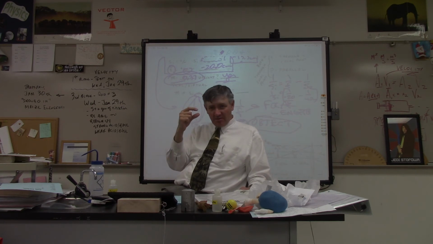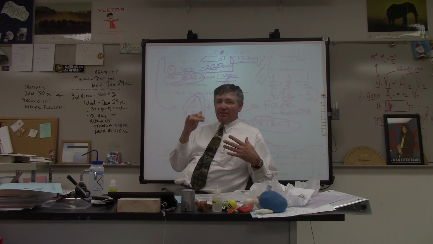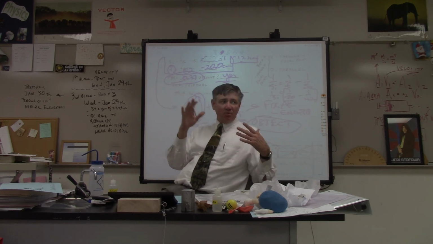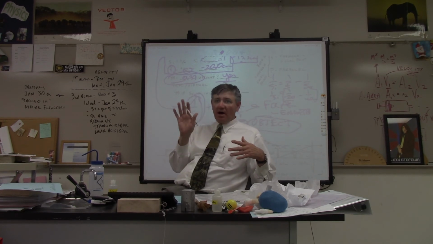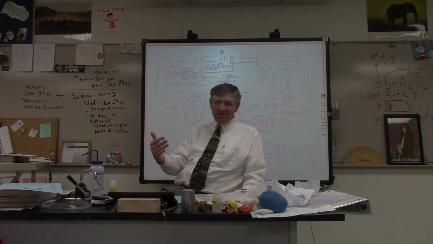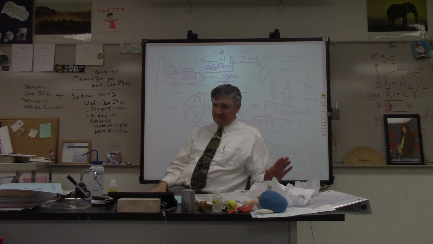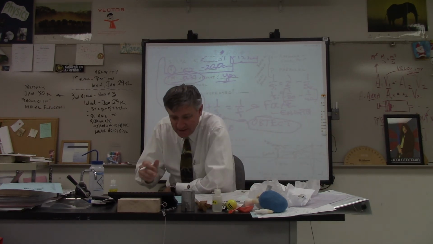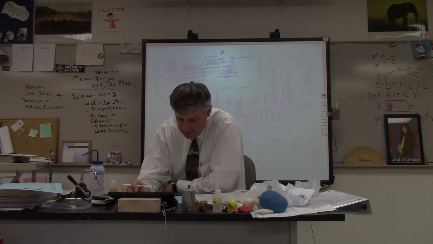In reality, it's much closer to that mirror than it appears. So that's why your rear view mirrors have that warning that says they're closer than they actually are. Okay? Good with that. Okay. Now, here's where you get into the drawings.